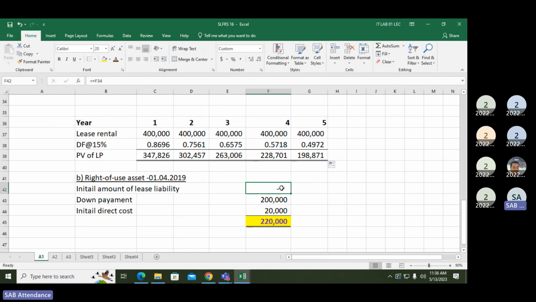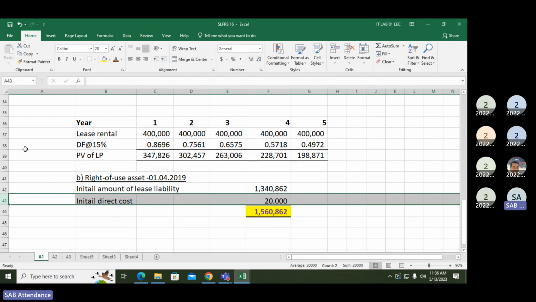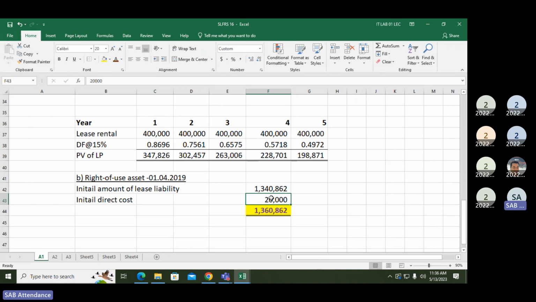So the initial amount of lease liability, you have to add all this. 1,300,000. In an operating lease, we normally don't find any down payment. But there's a 50,000. I add 50,000 paid by both Alpha and Beta.